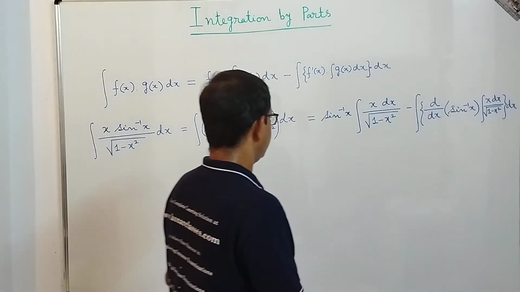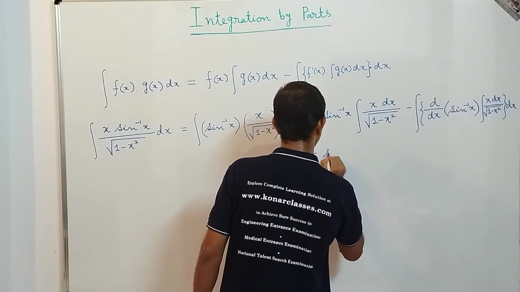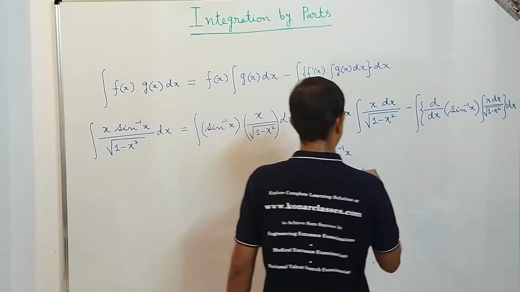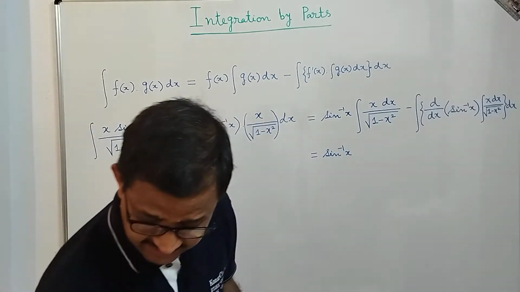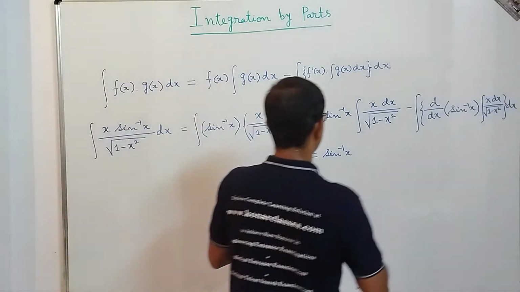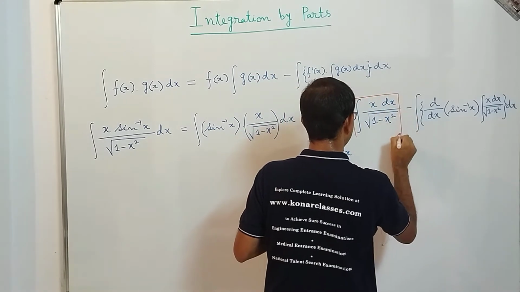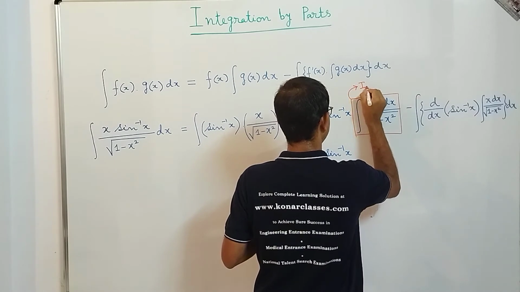Okay, so now this is equal to sin inverse x into, we consider this integration, integration x dx by square root of 1 minus x square, that integration we want to find separately. So let's consider this integration as I1.